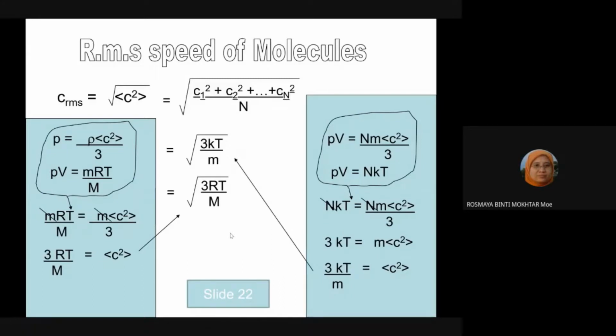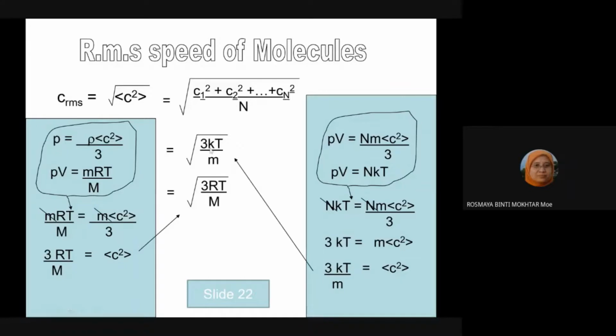It's very easy to memorize because RMS speed is equal to the square root of 3kT per m. Another one is 3RT per molar mass M. So this one is the mass for one molecule and this is the molar mass. The k is the Boltzmann constant and R is the gas constant, 8.31.